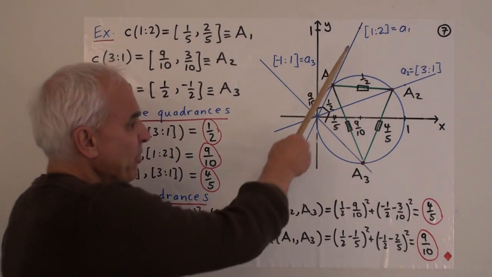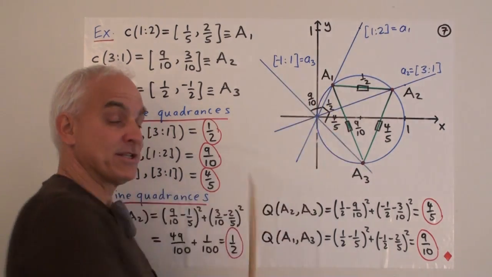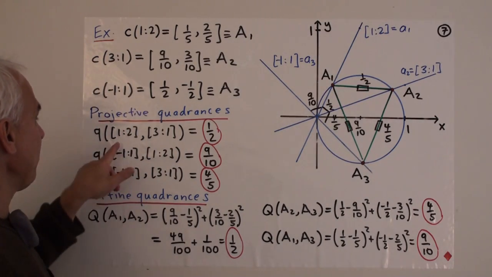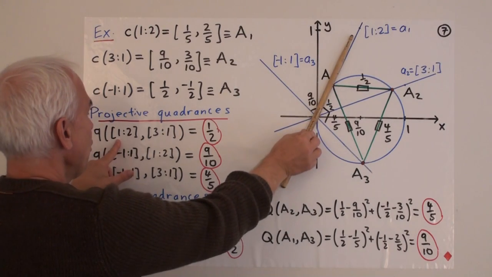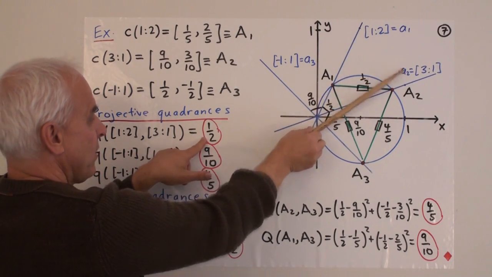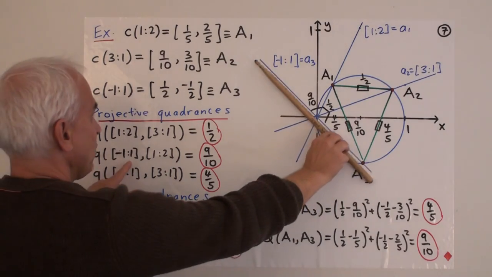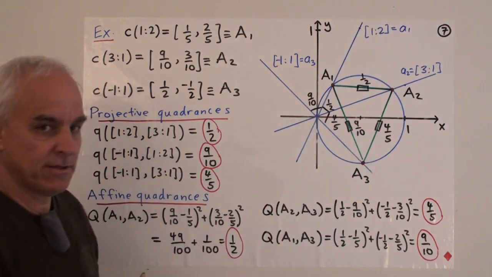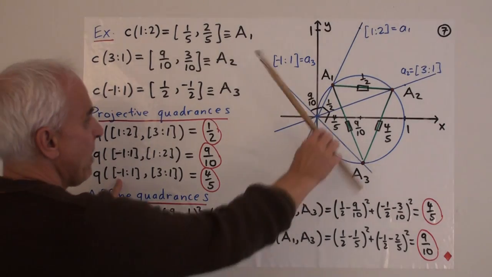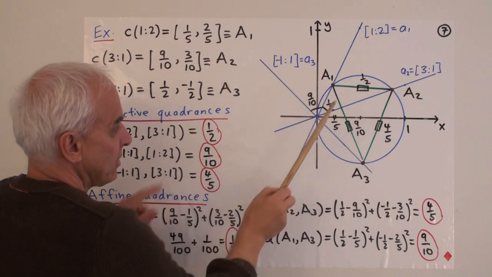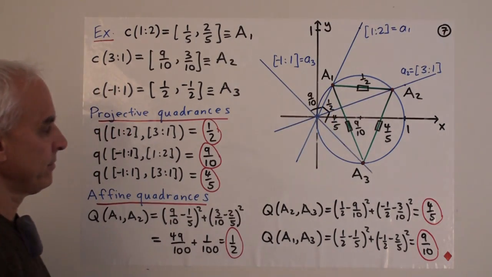Now, the projective quadrances formed by these three lines, something that we've had a look at. We've computed before that the quadrance between 1, 2 and 3, 1 is 1/2. That the quadrance between minus 1, 1 and 1, 2 is 9/10. And the quadrance between minus 1, 1 and 3 to 1 is 4/5.